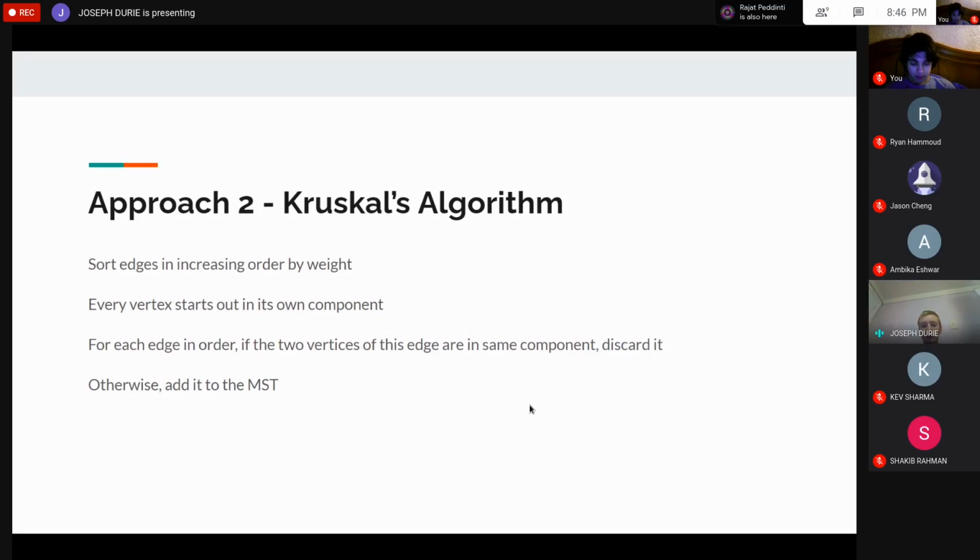If they're in the same component and you add another edge, now you have two paths between those vertices, one in the initial graph and one with just this one edge. So then you have a cycle between them. But otherwise, if they're in different components, we add this edge to the minimum spanning tree, and we join those two components.